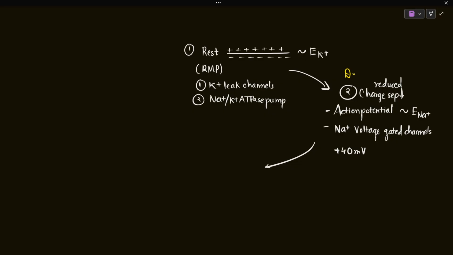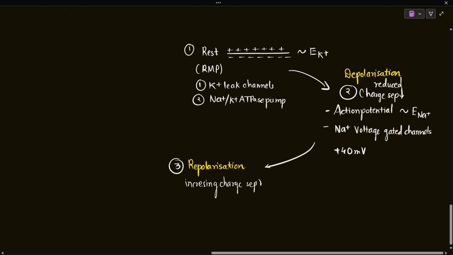So the reduced charge separation starts to increase, like a regaining phase. That is why it is known as repolarization, because at rest the cell is in a polarized state. It is not non-polar in nature, it is polarized because it has a charge separation.